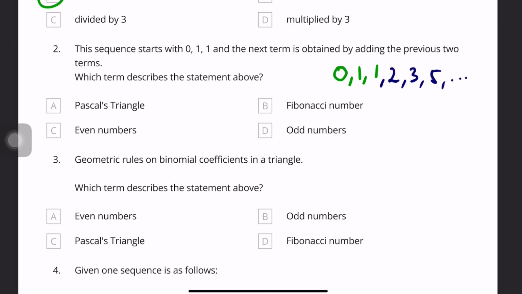From this pattern, this is actually a special pattern, which we call Fibonacci numbers.